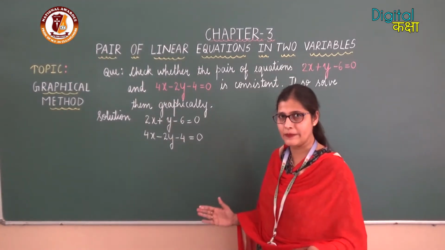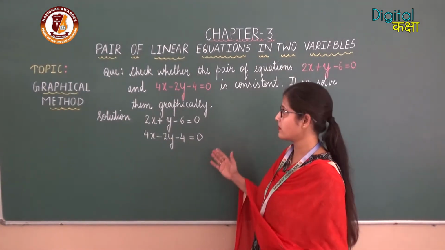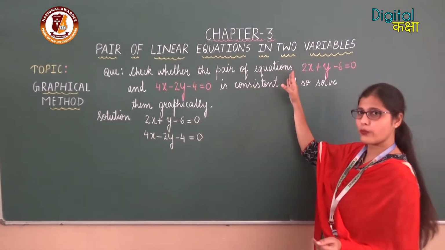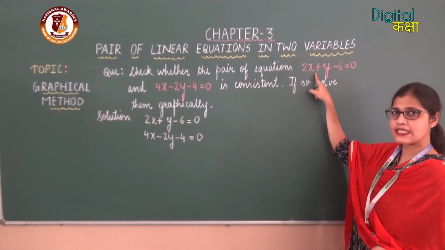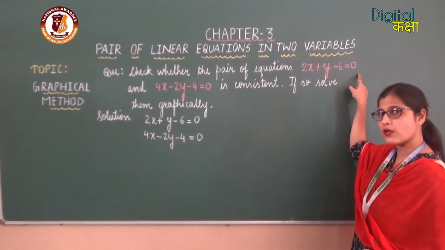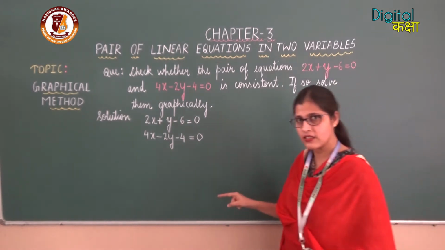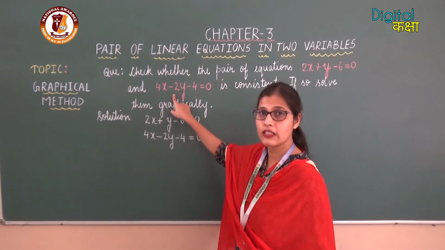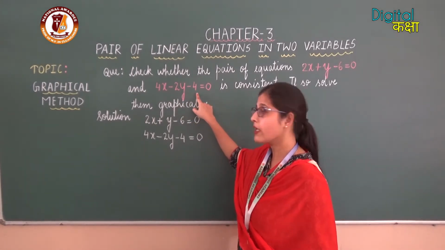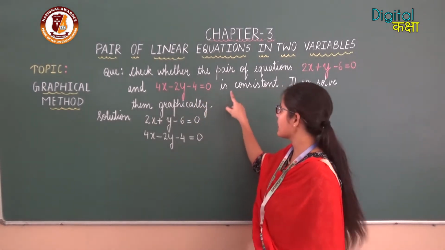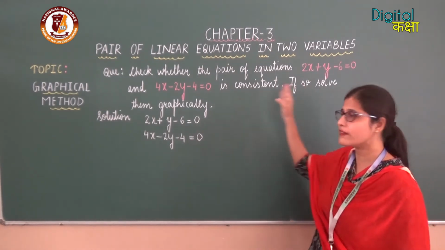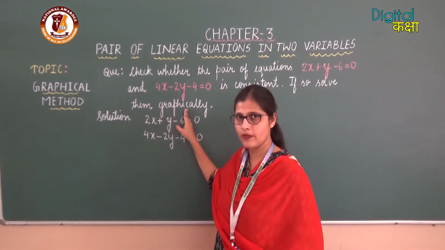As you can see, the question is, check whether the pair of equations 2x + y - 6 = 0 and 4x - 2y - 4 = 0 is consistent. If so, solve them graphically.